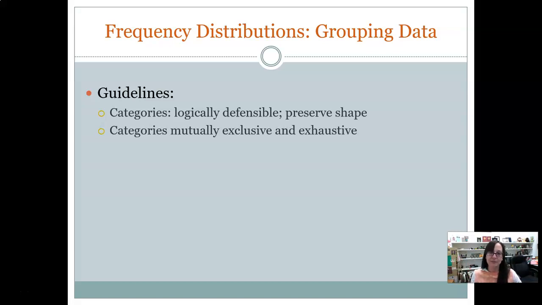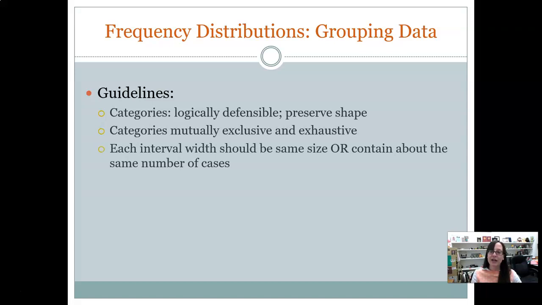However you do it, each data point can only fit in one of those categories, which is why you wouldn't have 20 to 30 and 30 to 40, because then 30 would fit in either one. You want it to be mutually exclusive, but also there is a spot for everybody.